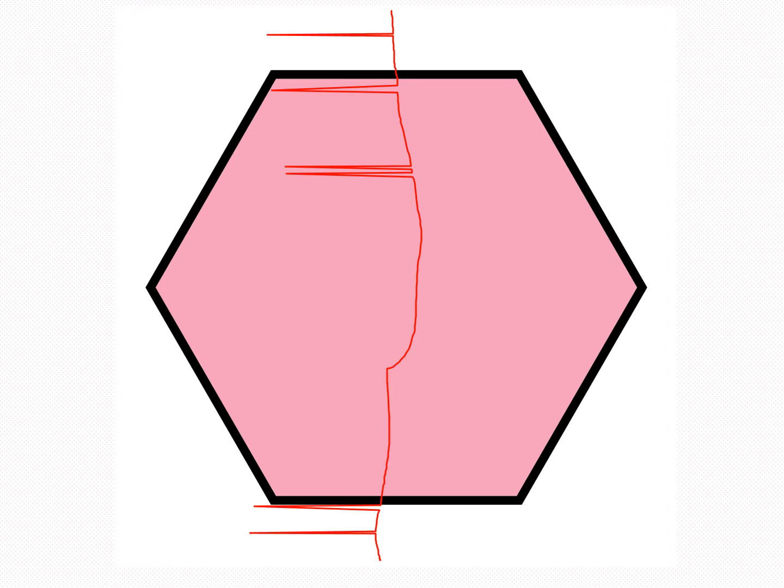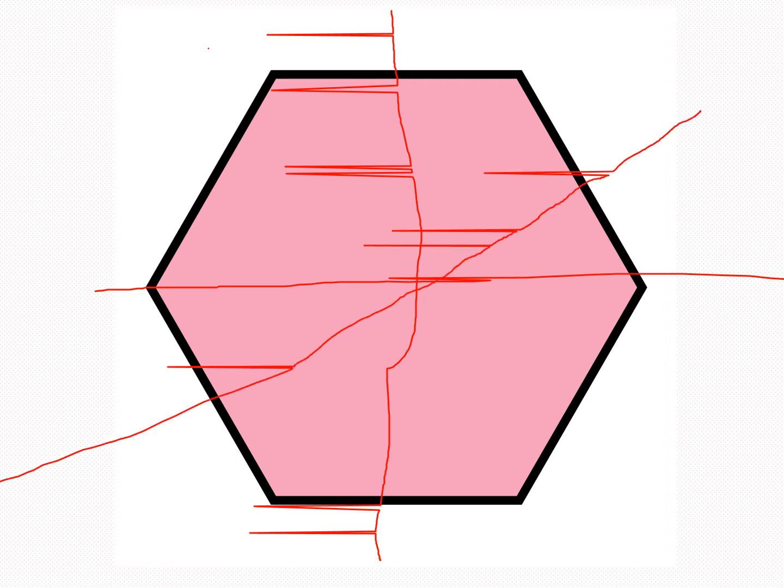Sorry about the squiggly line, I'm using the mouse pad. We could do a line of symmetry horizontally across. We could do a line of symmetry diagonally. So if we went halfway through any of these sides and went straight across, or we went point to point, we would have lines of symmetry.